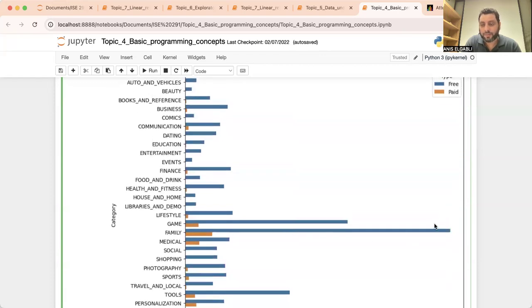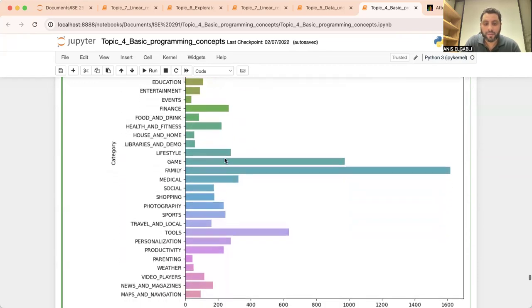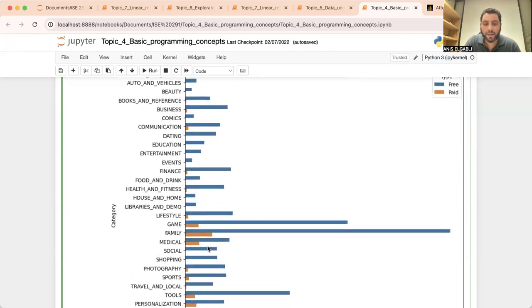1 bar for the frequency of the family applications that are free, and 1 bar for the frequency of the family applications where the category is family and they are paid ones. Okay, so that's why every bar here will be replaced by 2 bars here.